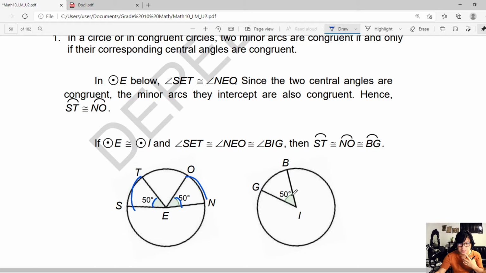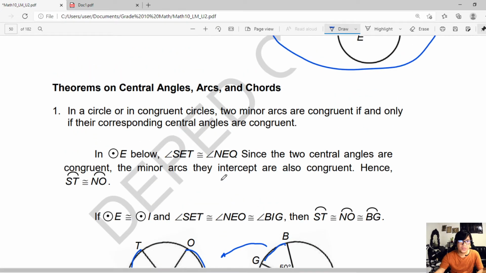Ibig sabihin, kung ito siya, congruent din doon sa measure ng dalawang angles sa kabilang circle. Yung intercepted arc niya rin is also congruent din dito sa kabilang circle. So, congruent din yan sila. So, yun yung sinasabi sa theorem number 1.